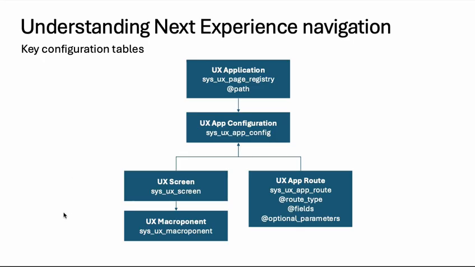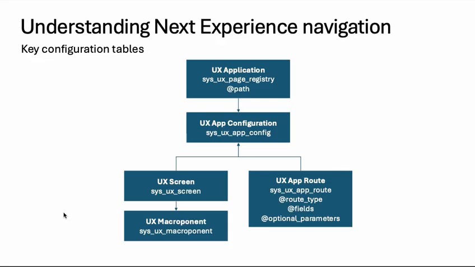Next Experience navigation. These are some of the core tables that show how an experience gets wired together. The UX application defines the path, and in the URL you'll see the path of whichever workspace you're in. UX app configuration is the main configurable item, and everything else points to it.